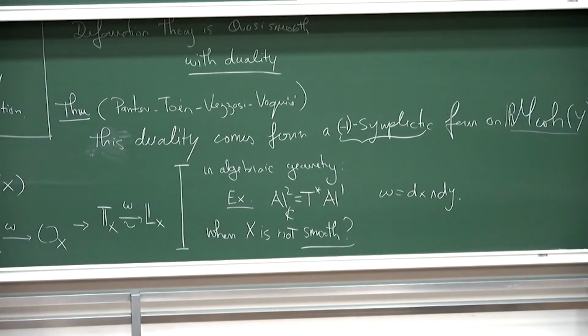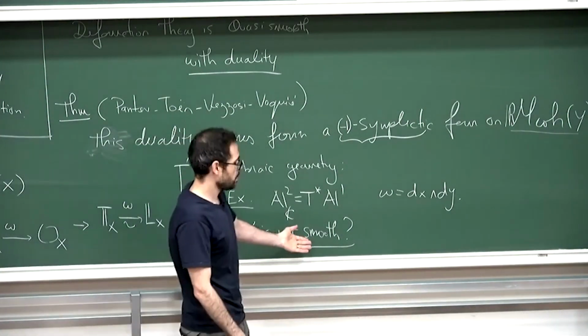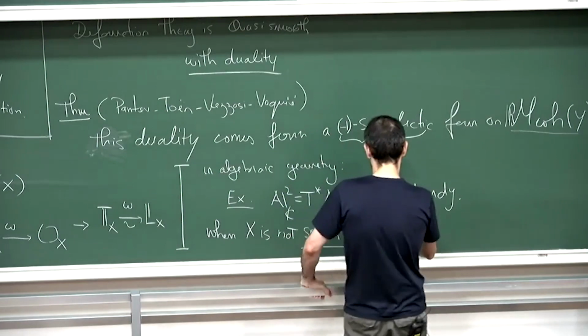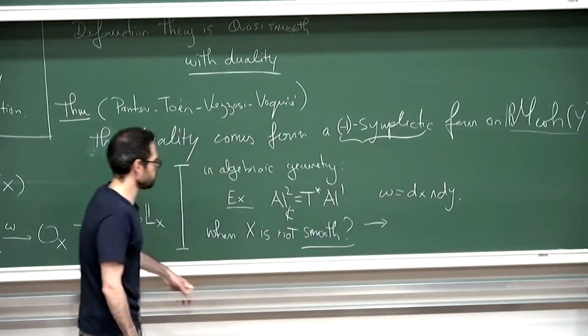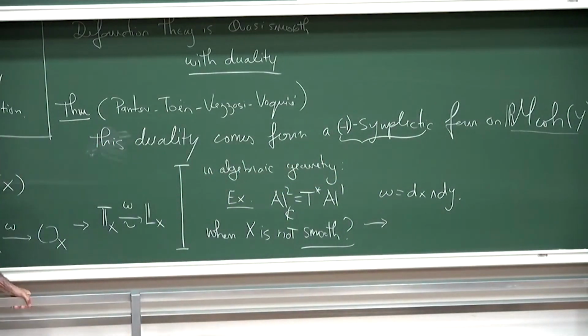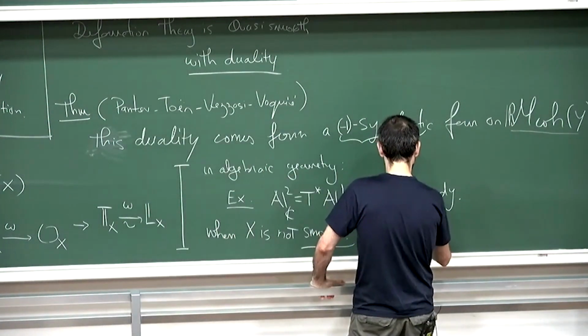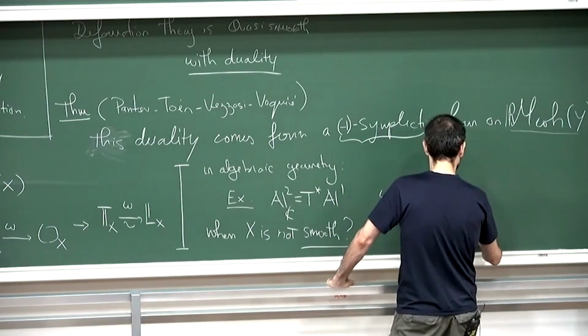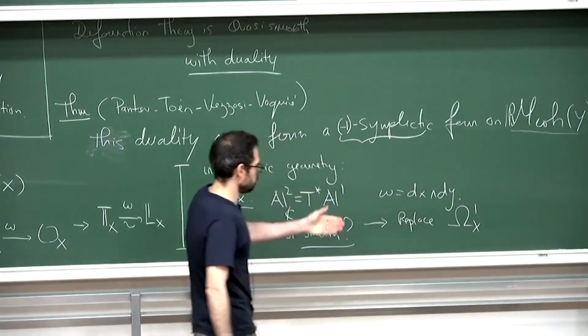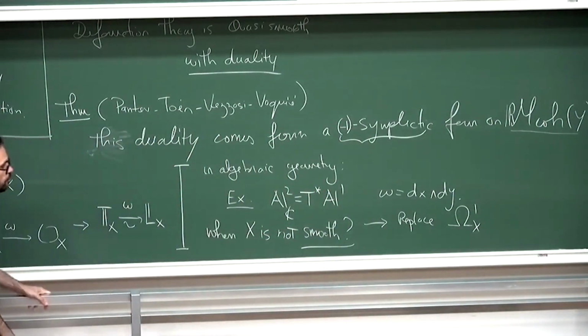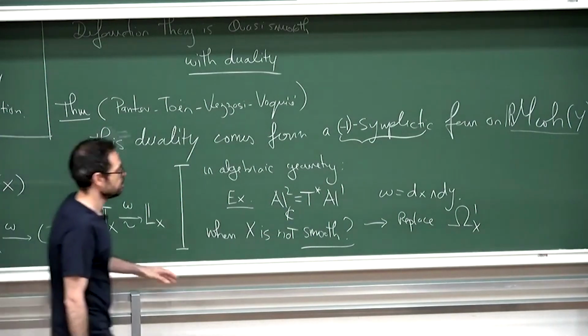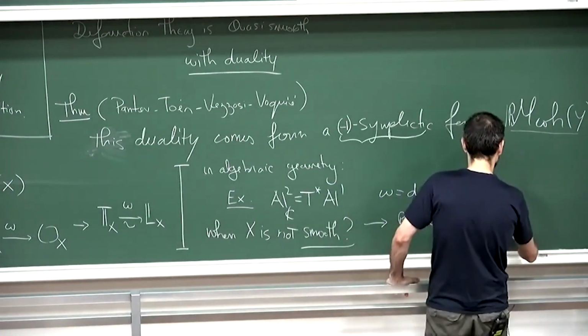So the way we're going to deal with these non-smooth cases, well, we can discuss why to do this, but we can just do it, is to replace the coherent sheaf of Kähler forms by the cotangent complex.